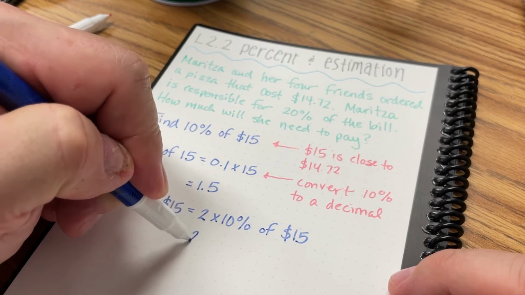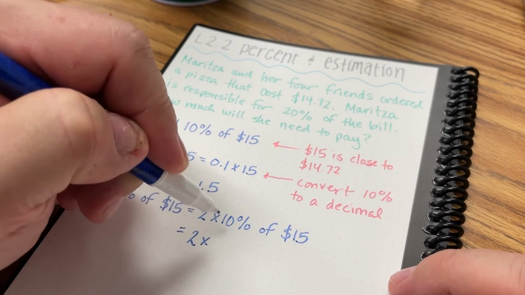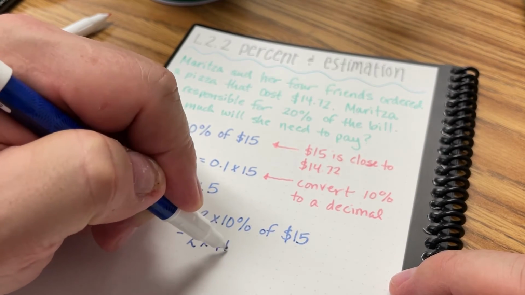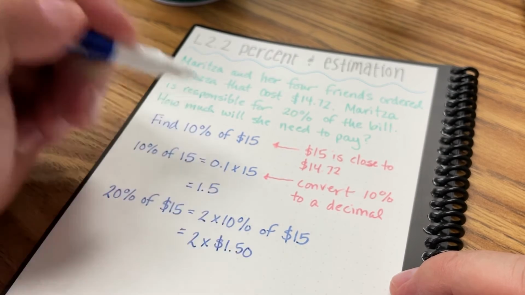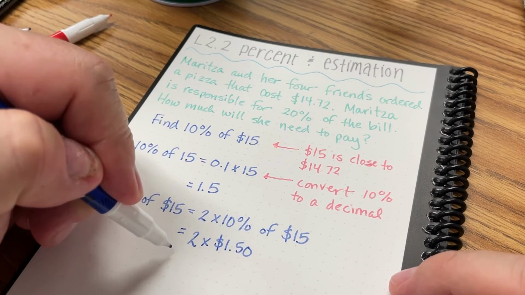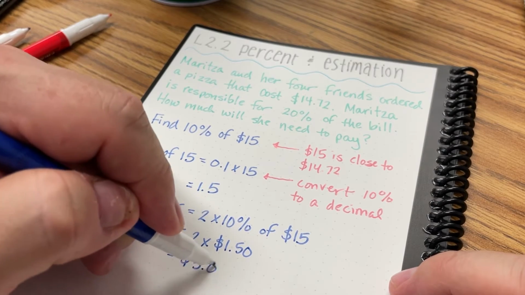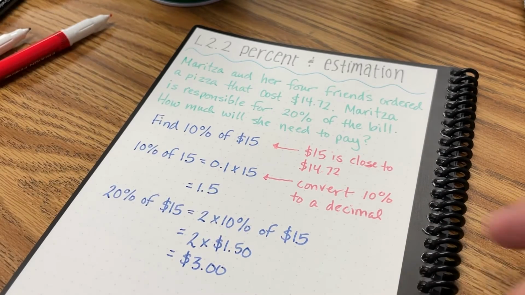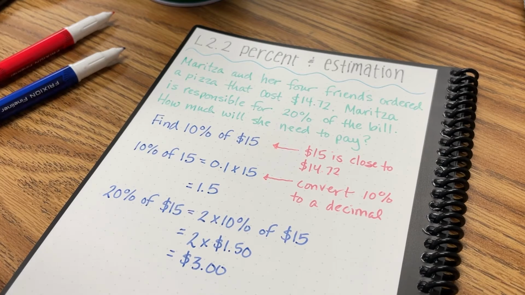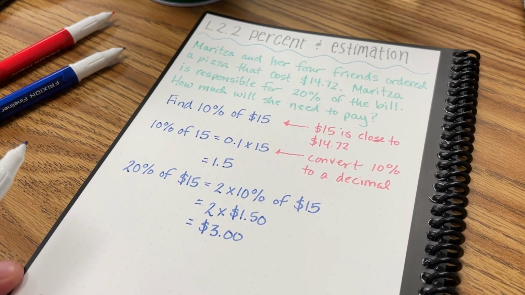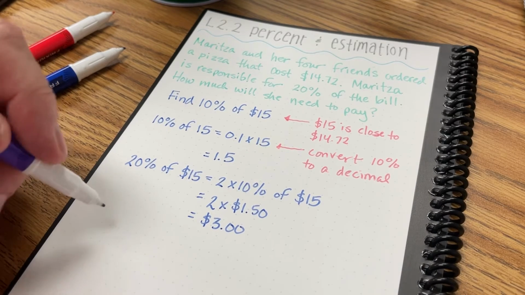So it's going to be 2 times $1.50, which is going to equal $3. So Maritza will be expected to pay about $3.